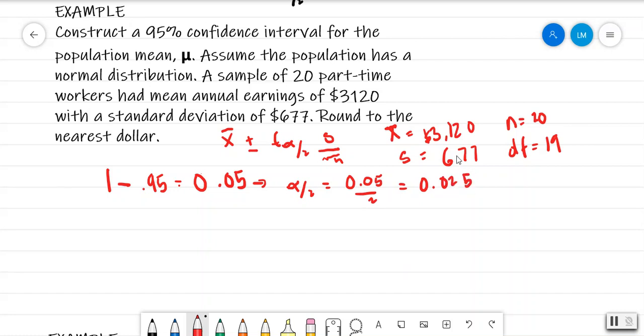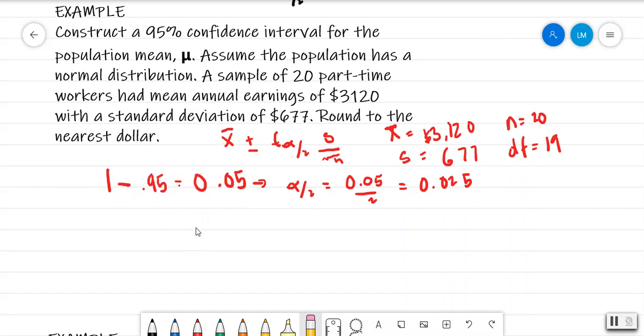So we're looking for t alpha over 2, which is 0.025.